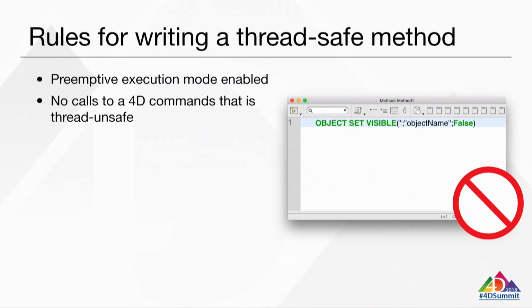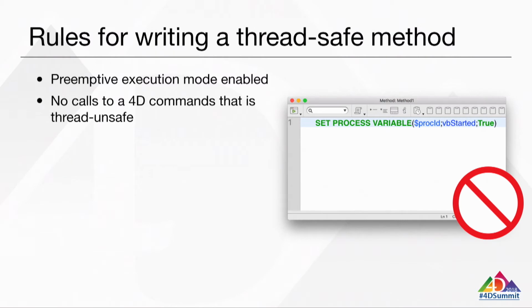So there are some 4D commands that are considered thread unsafe. The most obvious ones would be anything that deals with the user interface, anything that deals with user interaction. Like I said before, something like an alert command, anything that deals with form objects, those are considered thread unsafe.